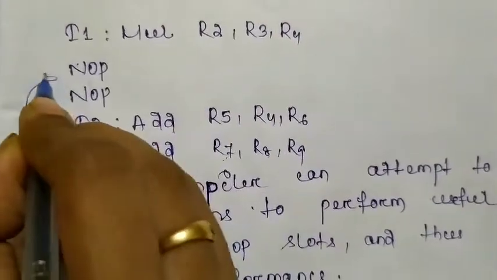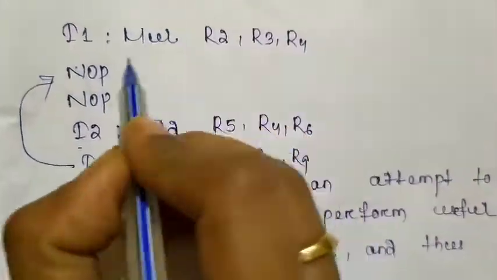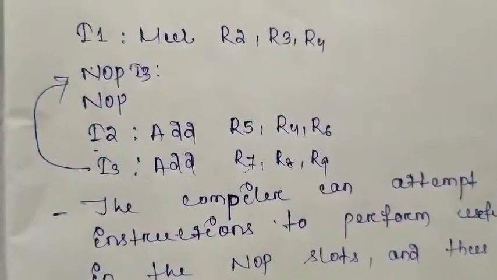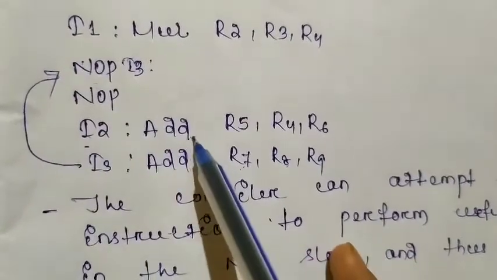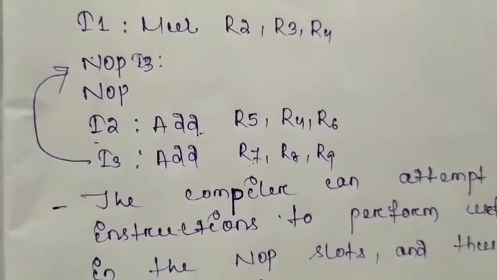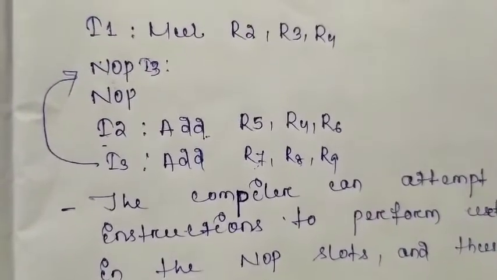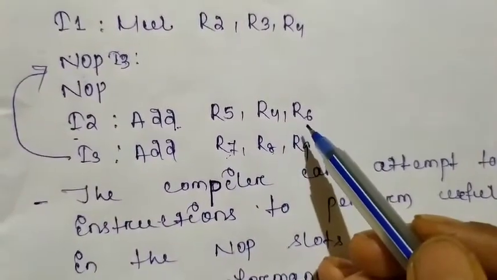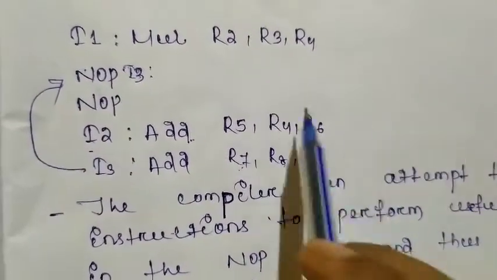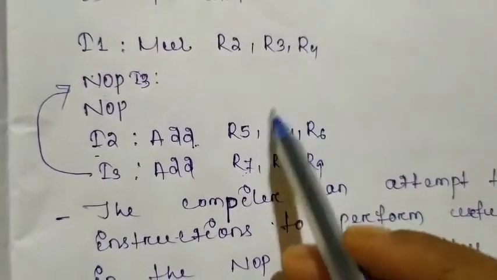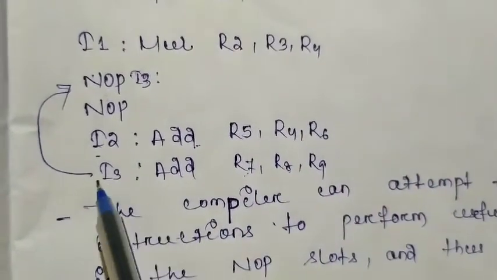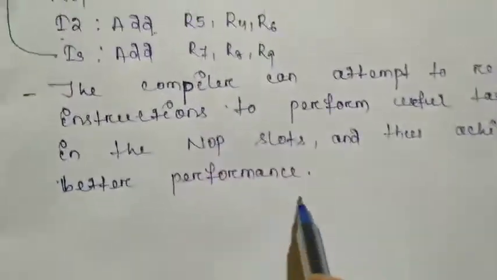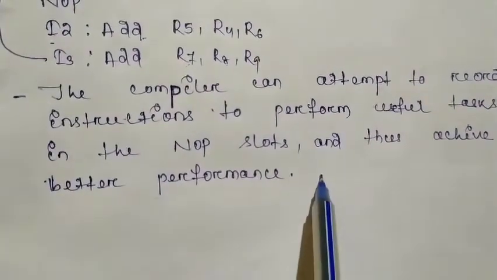That means I3 goes in the place of the NOP, and we execute I3 there. There will be no problem, as it is stalled for 2 clock cycles. So you can include 2 instructions, so that when I2 enters the decode stage, the operand is available and it can complete its task, and also I3. Thus we achieve better performance.